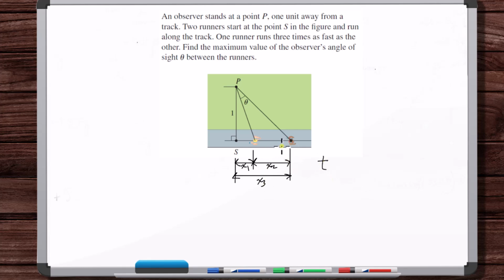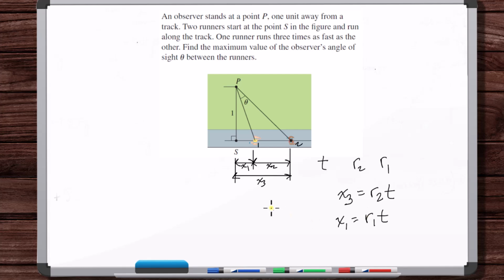So the idea would be that if we're at some time t, let's say this is runner 2, this is runner 1. So you've got the rate of 2 and the rate of 1. At time t, distance is equal to rate times time, so x3 is equal to r2t. x1 is equal to r1t.